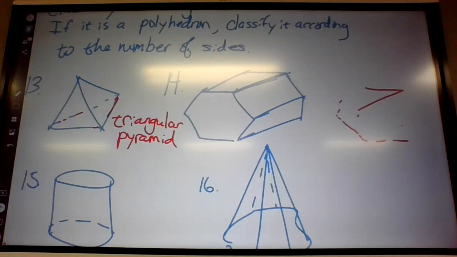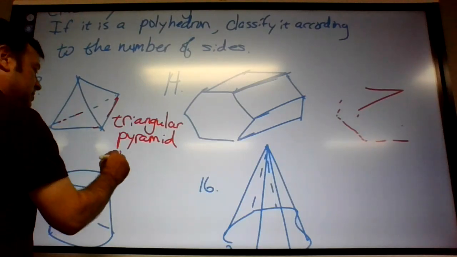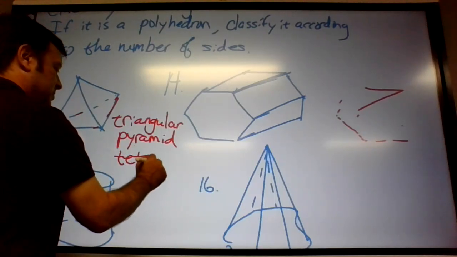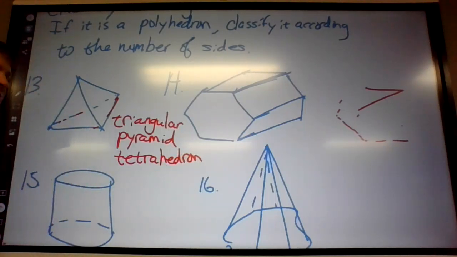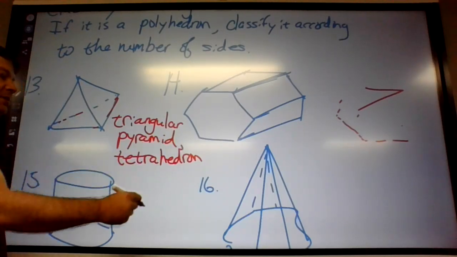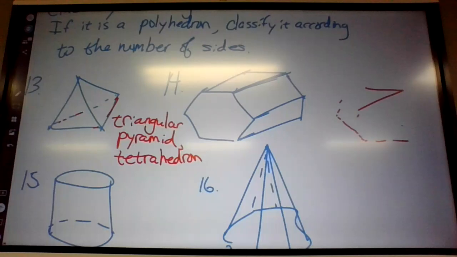Tetrahedron. That one was the hard one to remember, because everything else is pentahedron, hexahedron, anyway, it's the same prefixes as polygons after tetrahedron.